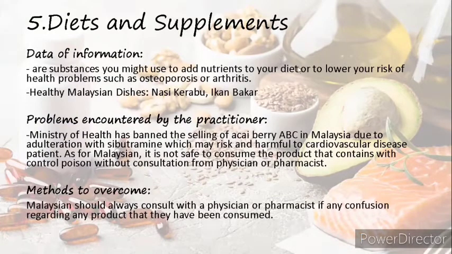Diets and supplements are substances you might use to add nutrients to your diet or to lower your risk of health problems such as osteoporosis or arthritis. An example of a place that provides this treatment is Healthy Malaysian Dishes, which is Nasi Kerabu and Ikan Bakar. The problem encountered by the practitioner is that the Ministry of Health has banned the selling of Acai Berry ABC in Malaysia due to adulteration with sibutramine, which may be risky and harmful to cardiovascular disease patients.